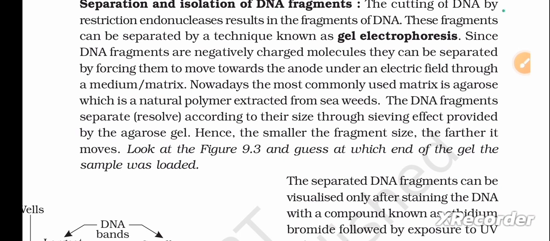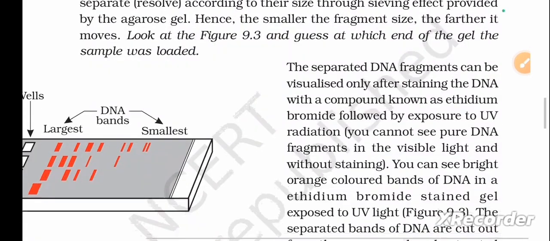Look at figure 9.3 and guess at which end of the gel the sample was loaded. The separated DNA fragments can be visualized only after staining the DNA with a compound known as ethidium bromide, followed by exposure to UV radiation. You cannot see pure DNA fragments in visible light and without staining.